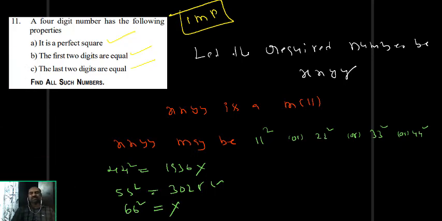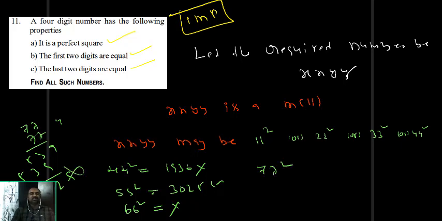Up to 100 squared only you can check, because after 100 squared onwards you get 5-digit numbers, but you want only a 4-digit number. 77 squared is 5929. This is also not satisfying.